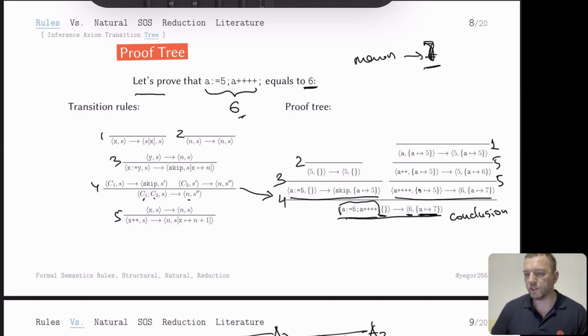That's how the proof tree works. That's how you can stack inference rules one on top of the other, demonstrating and guaranteeing that your conclusion actually does make sense.